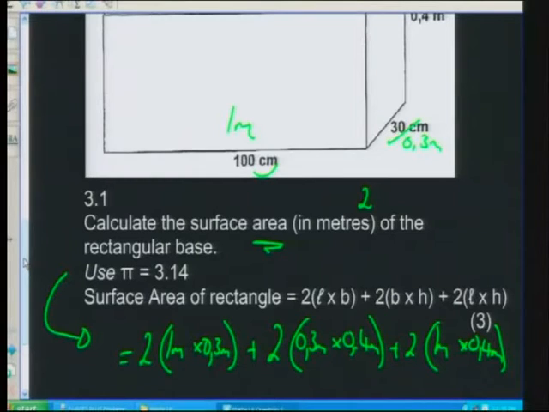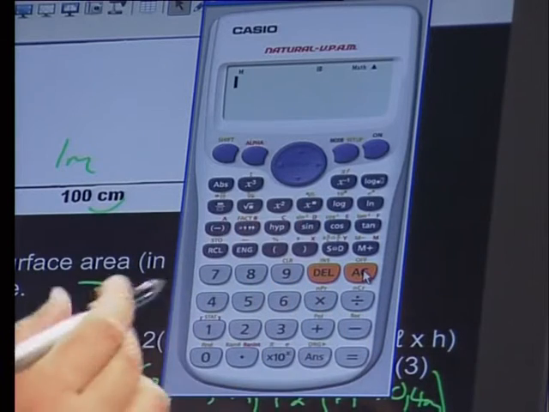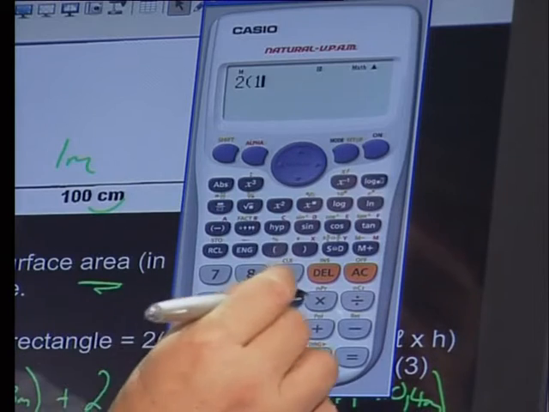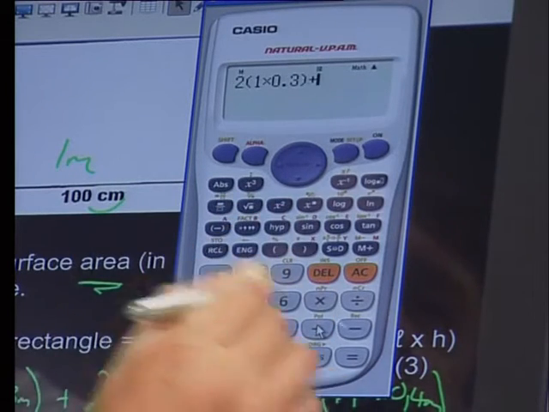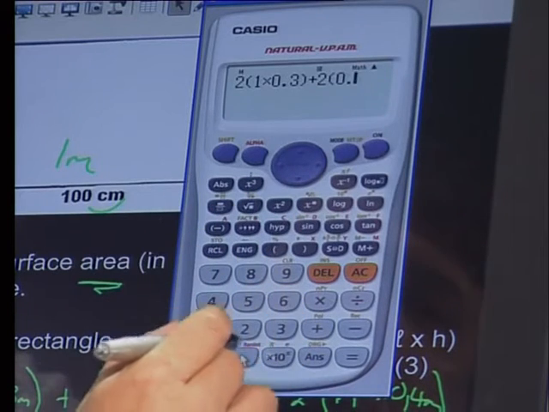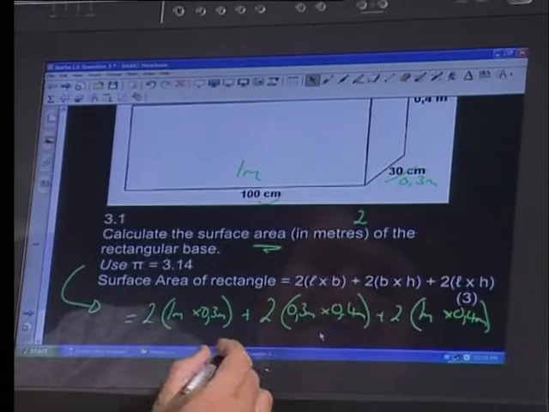And I've just moved the screen down so that I can read everything on my calculator. So let's do that quickly. Okay, let's clear that. So I've got 2 bracket 1 times 0.3 close bracket plus 2 bracket 0.3 times, and what's it times? 0,4.